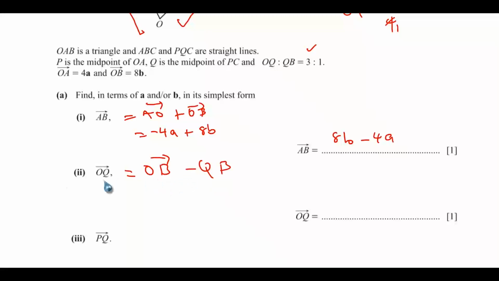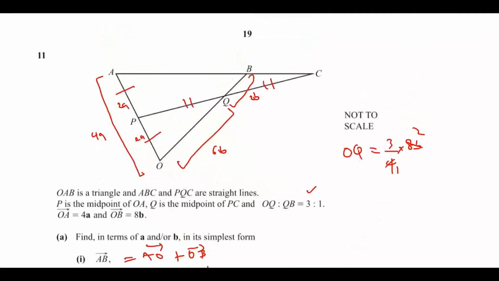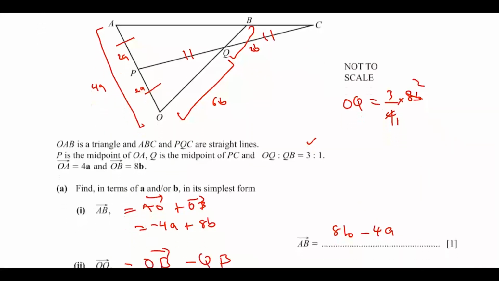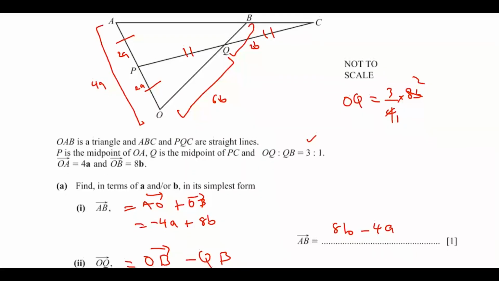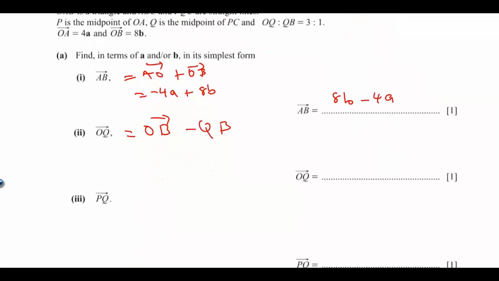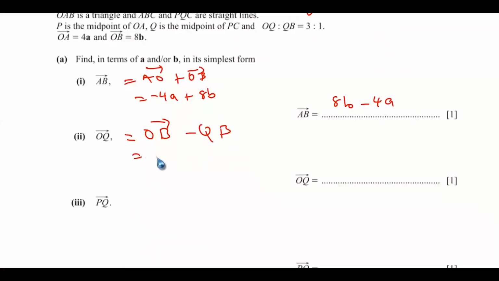Of course we know the value of OB, which is 8B. Then QB we've already found to be 2B, so we can just put it there. So this will be equal to 8B minus 2B, and it will be 6B. That's the final answer there.